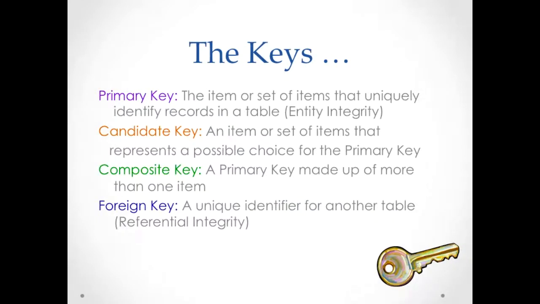One important part of being a relational database is the way to link those tables, like that lab example we just talked about. The way we do that is by things called keys in a relational database. A primary key is a set of identifiers that uniquely identifies records in a table.